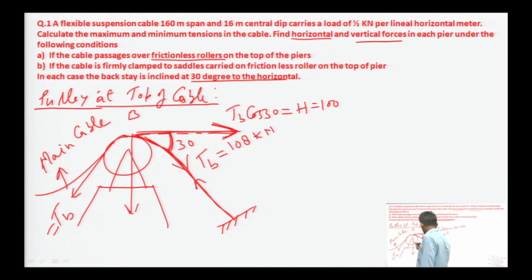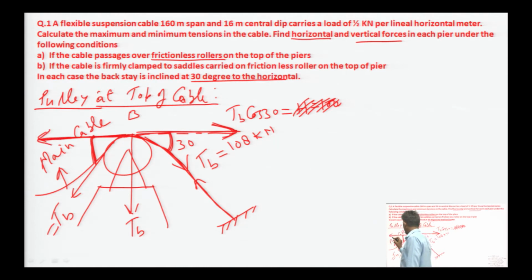This is TB cos 30, which we need to calculate. It is not H, actually H will be this one. If the angle theta is known to us, we can calculate this component.